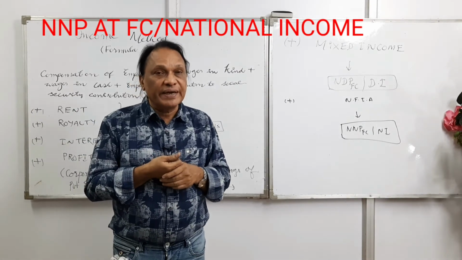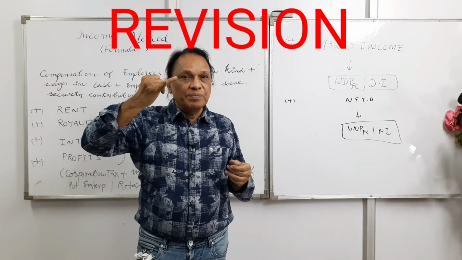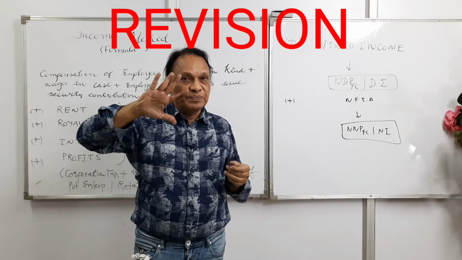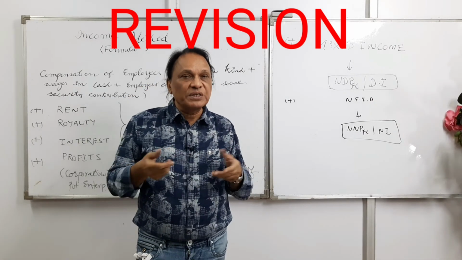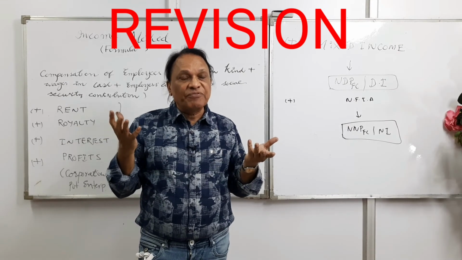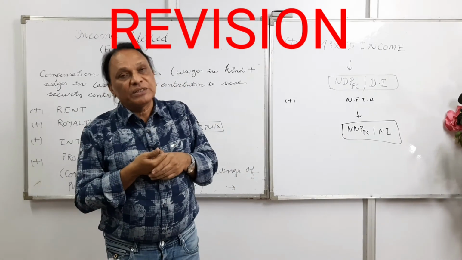I repeat once again. Just a simple formula: COE plus rent plus royalty plus interest plus profits, or COE plus operating surplus plus mixed income, will give you NDP at FC, or domestic income. To this add NFIA, net factor income from abroad, and you get NNP at FC or national income.